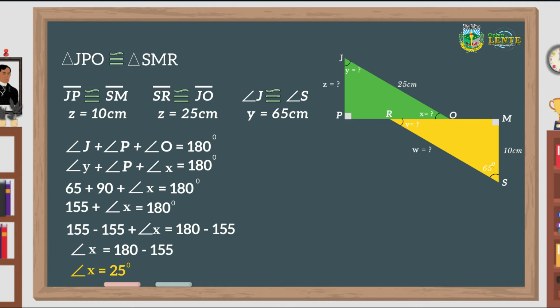Using the subtraction property of equality, we have 155 minus 155 plus angle X is equal to 180 minus 155. Angle X is equal to 180 minus 155, and for the value of X, we have 25 degrees.